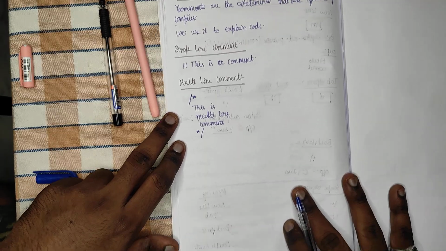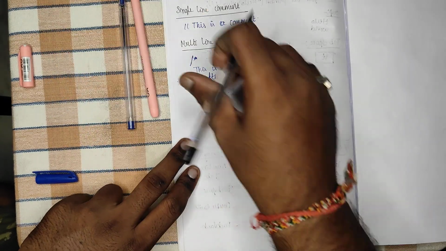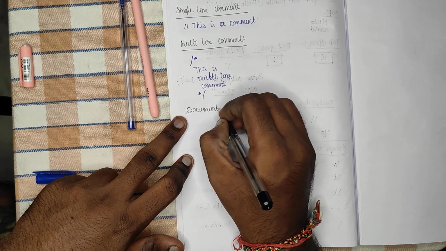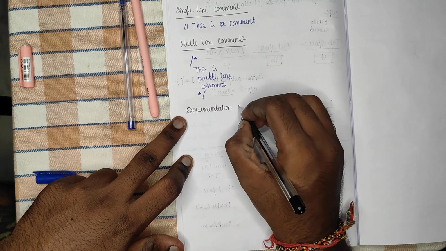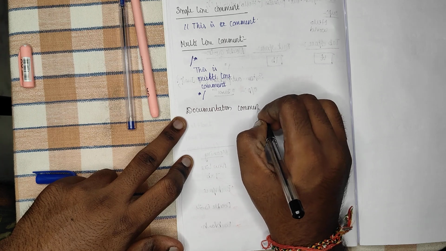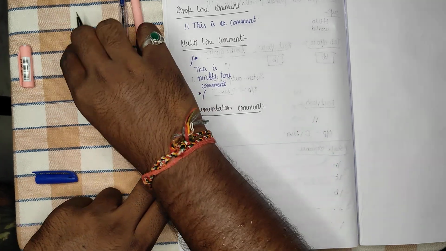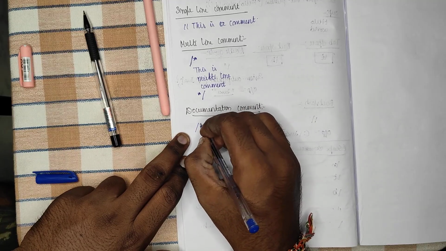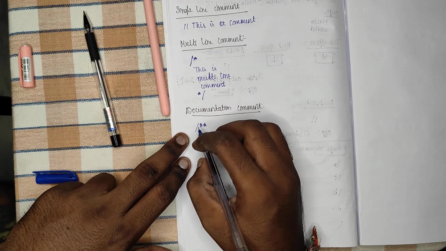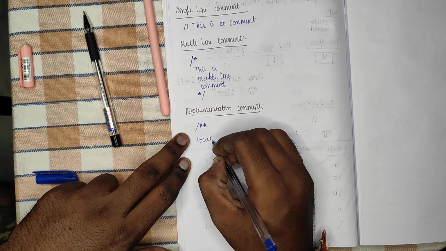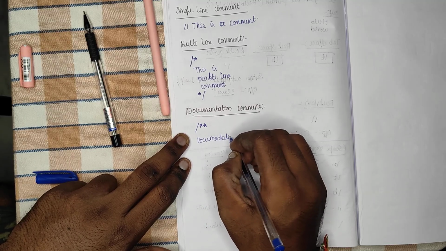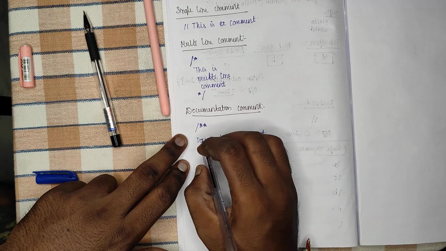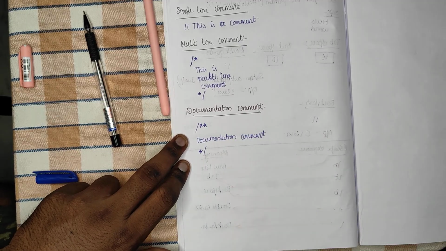So now documentation comment. The documentation comment is the same, like slash double star, the documentation comment, and star slash.